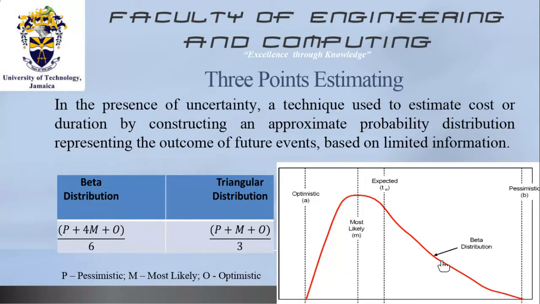So this is your beta distribution. However, if you notice, there is also what could be termed a calculated expected estimate, right? TE, and this is what is referred to as the PERT, using PERT analysis.